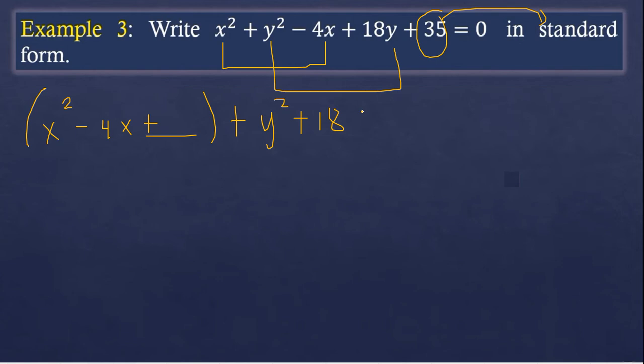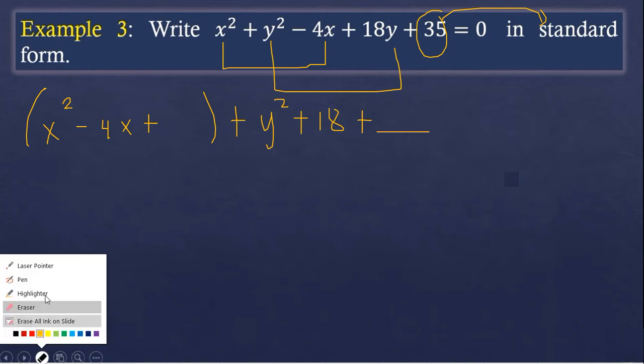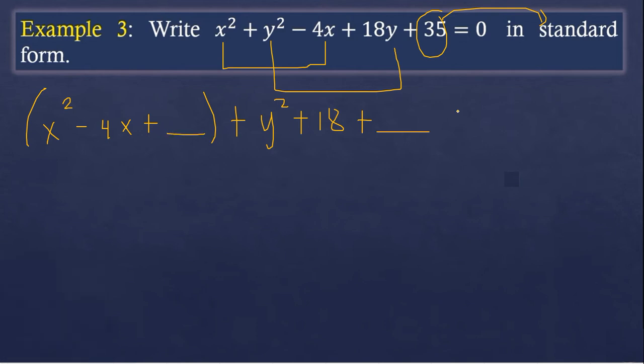Plus palagi yan. Why is it plus, sir? Kasi po, exponent po is even number. Okay, next is equivalent to negative 35.